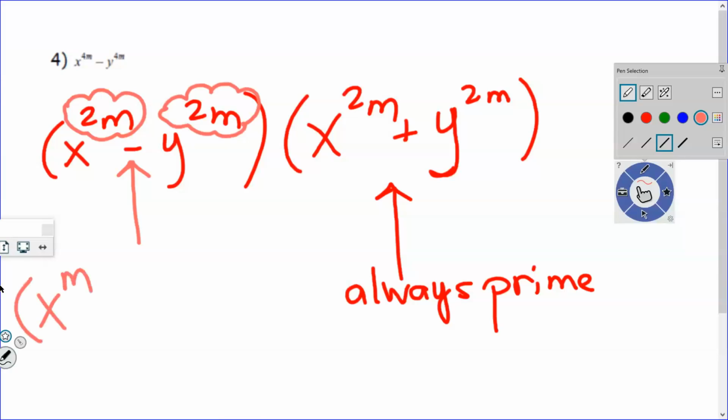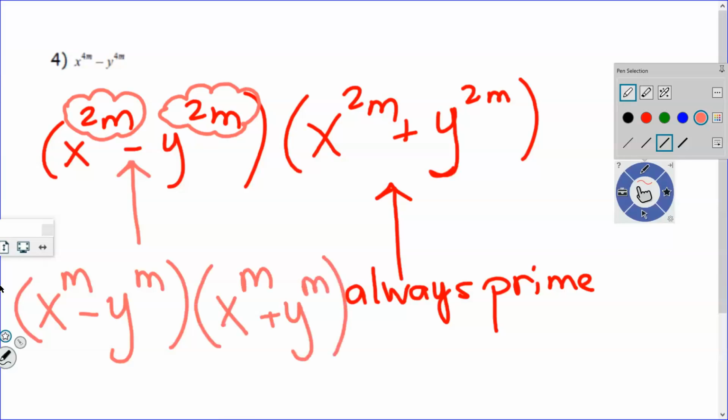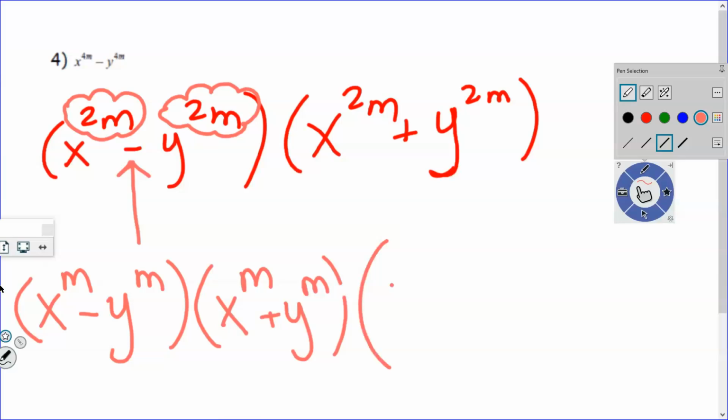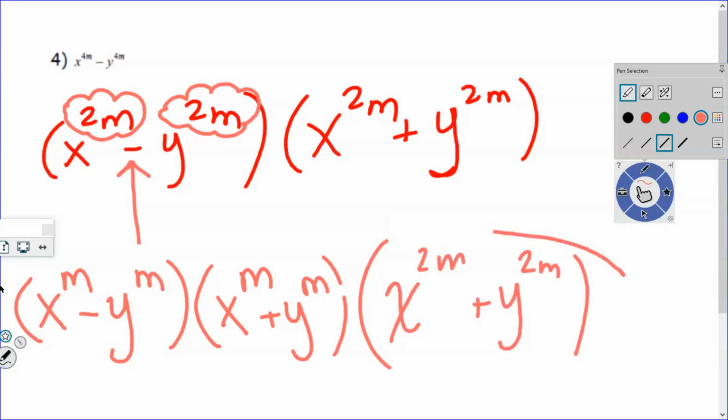They're going to break up to just single m's now. x to the m minus y to the m times x to the m plus y to the m. Box this in.